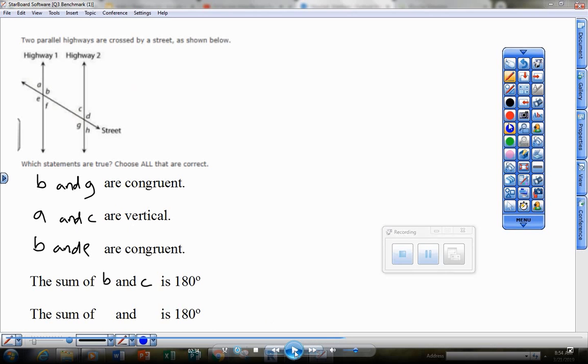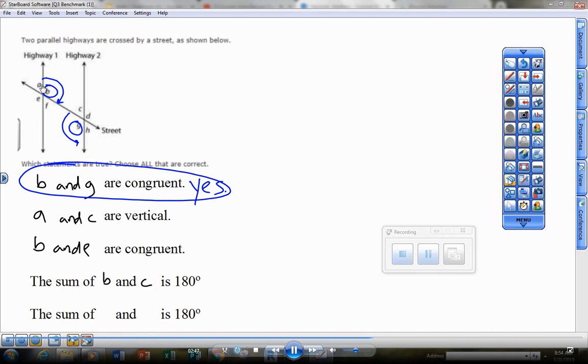So my first thing says, angle B and G, are they congruent? And I need you to see that these openings are indeed the same. So that would be a true statement. B and G are congruent. So that would be true. They're equal. Yes. My next question is A and C, are they vertical?